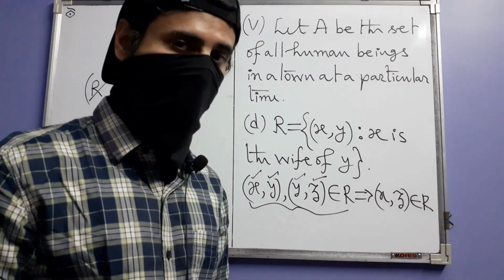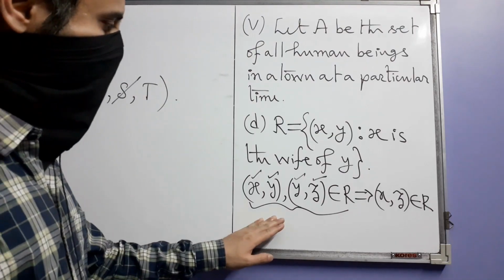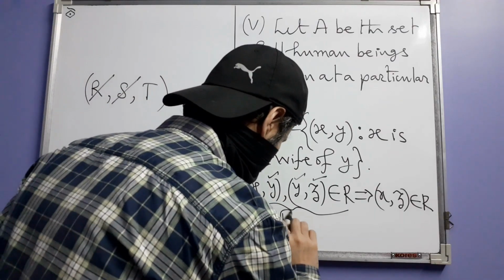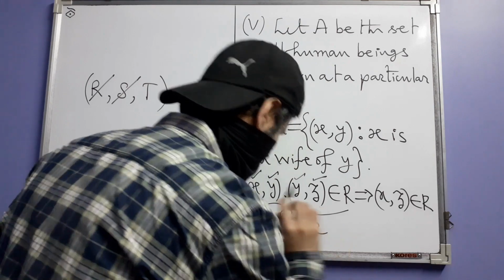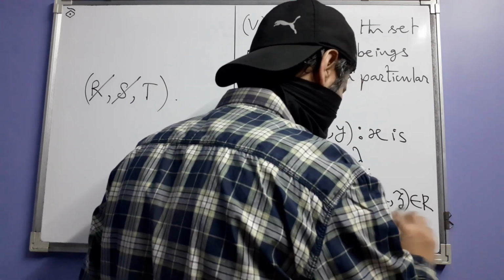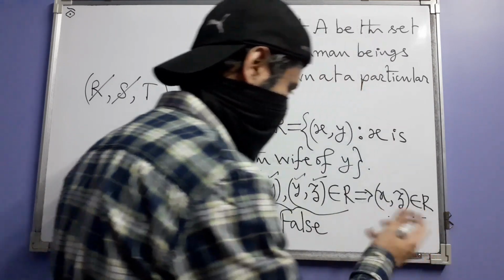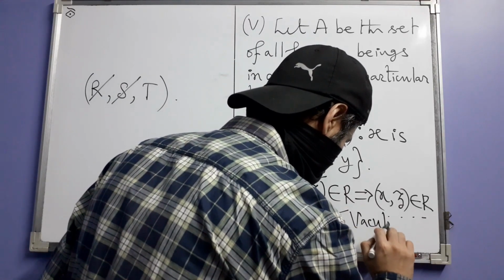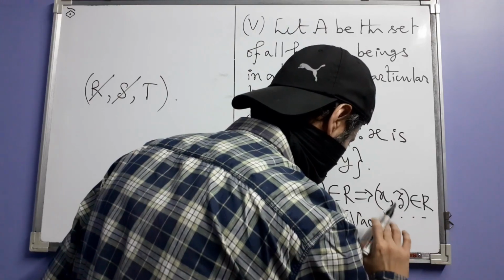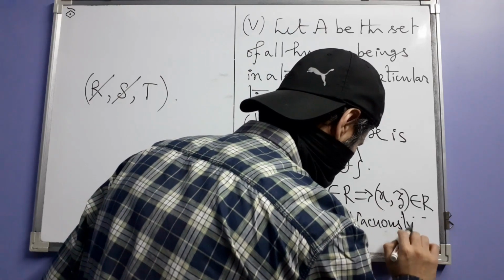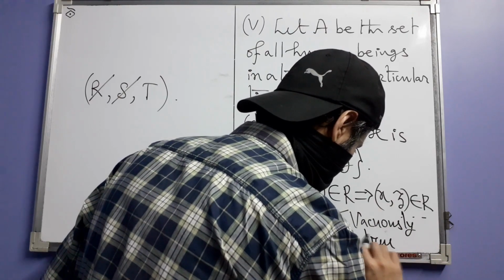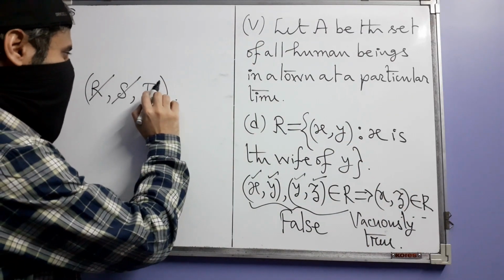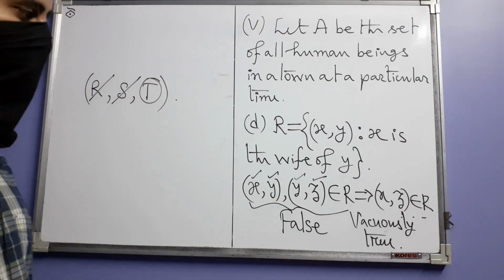Because Y is male, right? So the hypothesis is false. So that means whatever the conclusion is, we need not worry about that. This is vacuously true. So somewhat strangely, it is actually transitive.